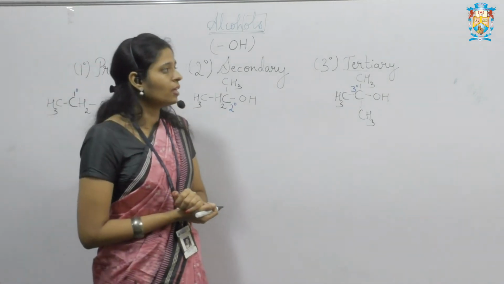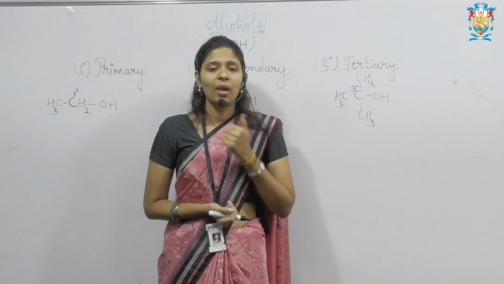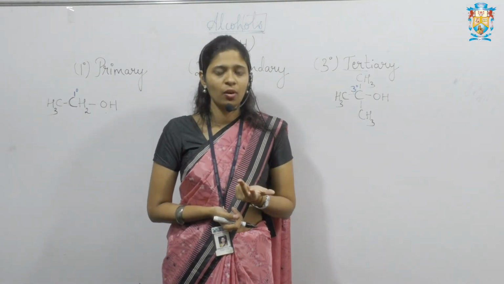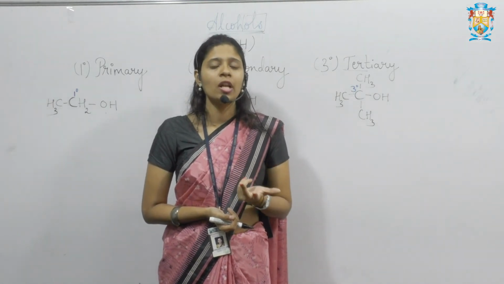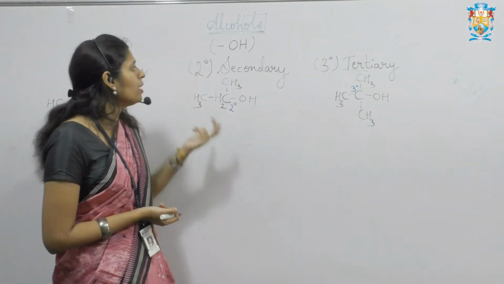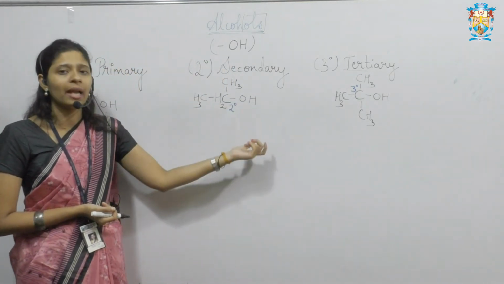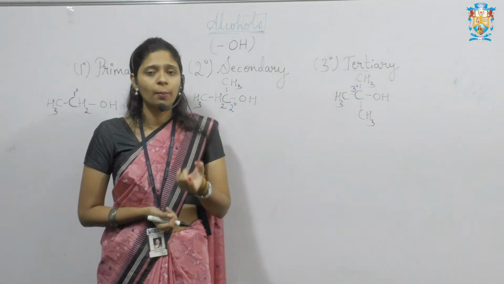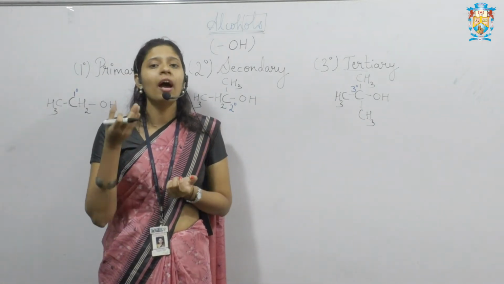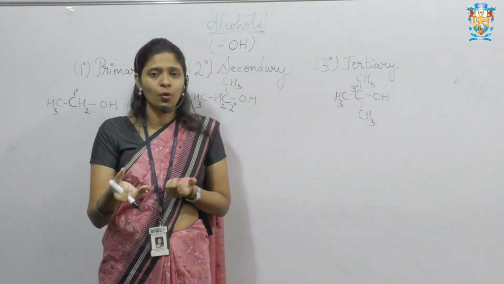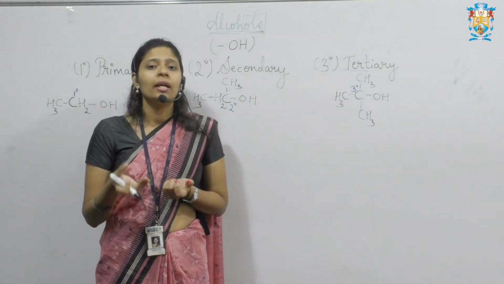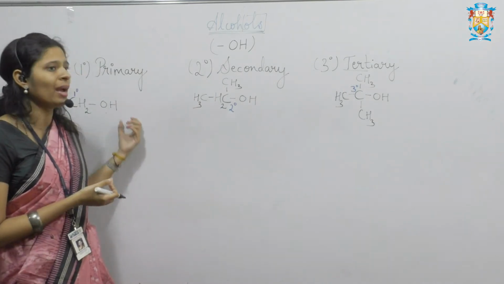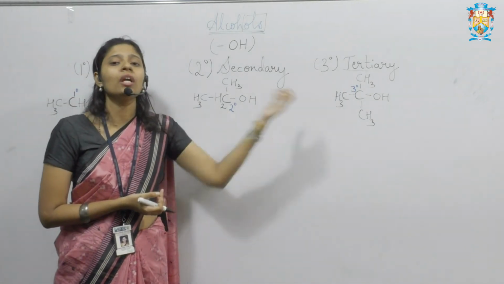So we have primary, secondary and tertiary alcohols, and they are denoted based on the number of carbon atoms to which the carbon bearing the hydroxyl group is attached.